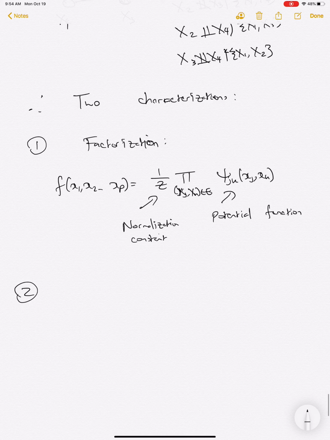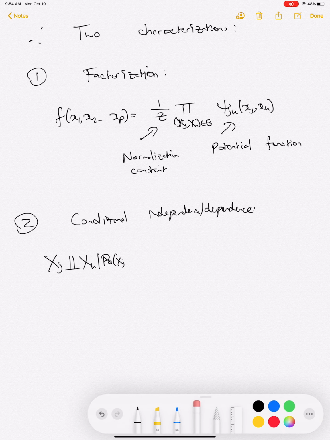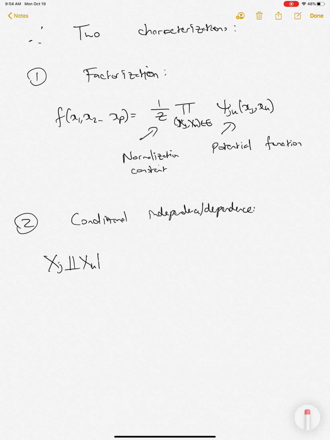Okay, and that ensures that everything integrates to 1. And then we also have the conditional independence/dependence, which just asserts that xj is independent of xk given the neighbors of xj and xk, but not including xj and xk.